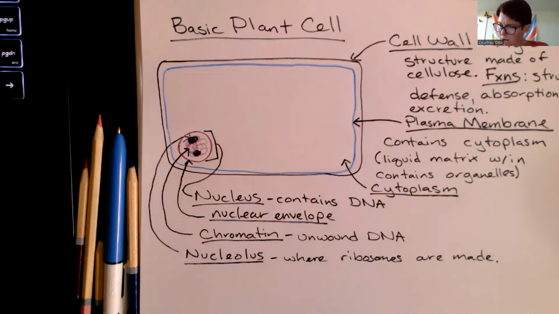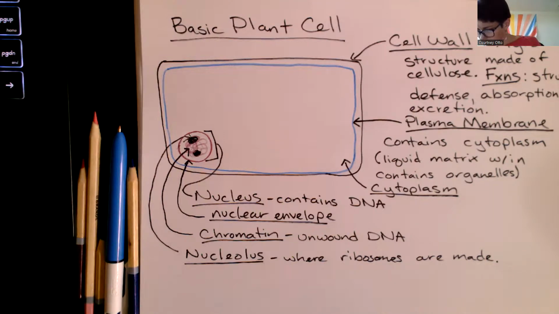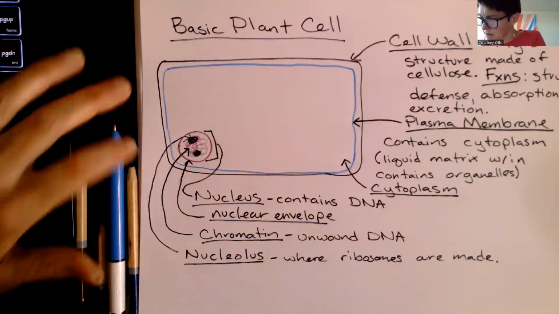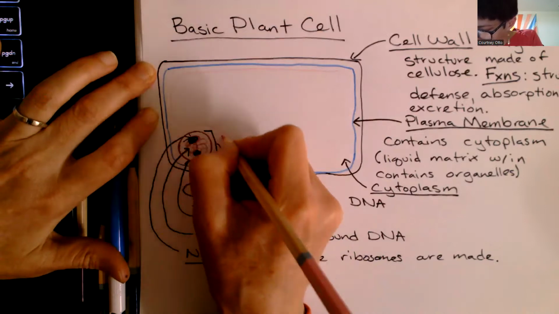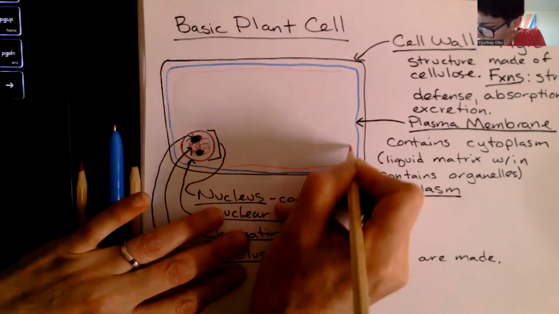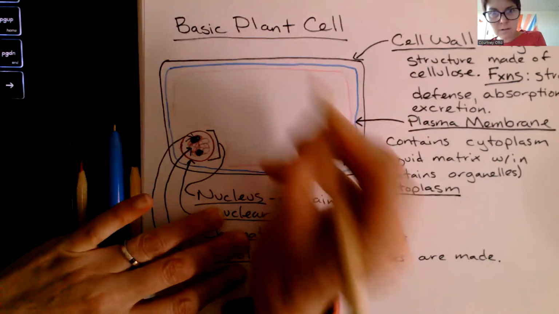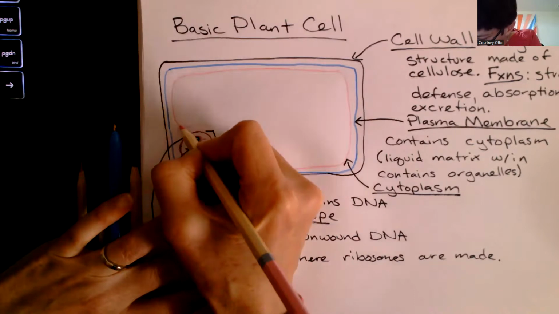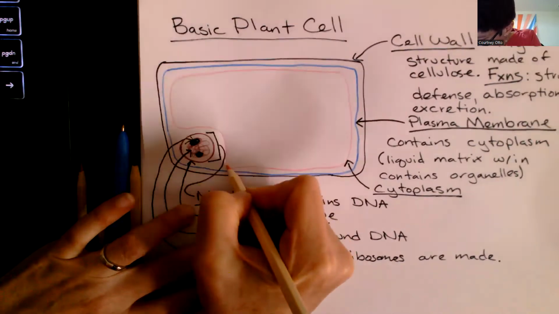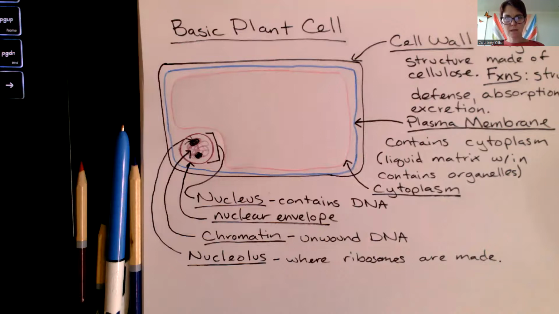Now, one final thing that I want to add to this is one final organelle. I guess I'll just use my pink. This is going to be a big old structure taking up most of the volume of this cell. All right, this big old structure taking up most of the volume of the cell is going to be the vacuole.